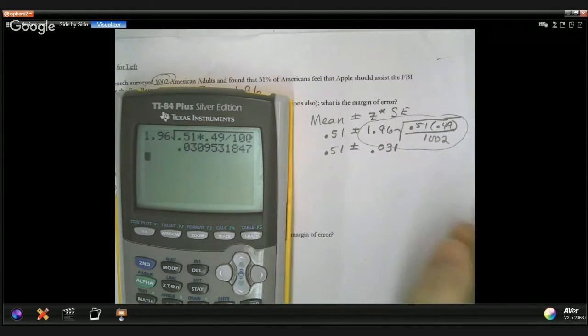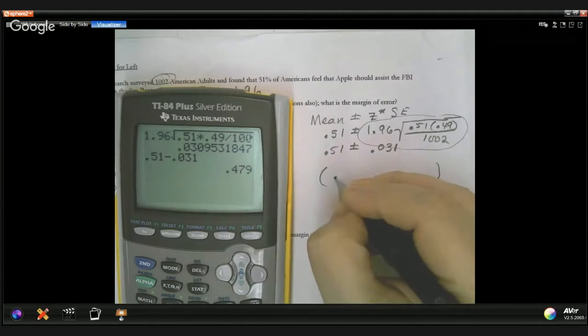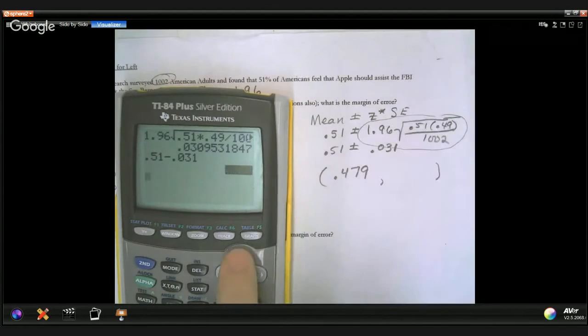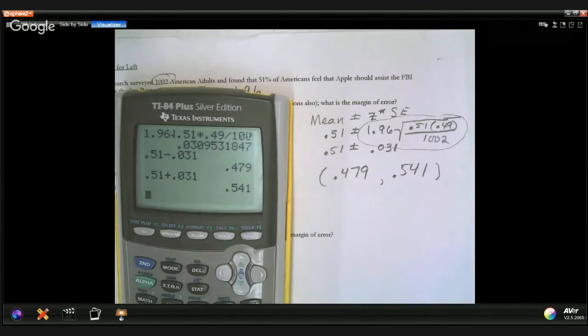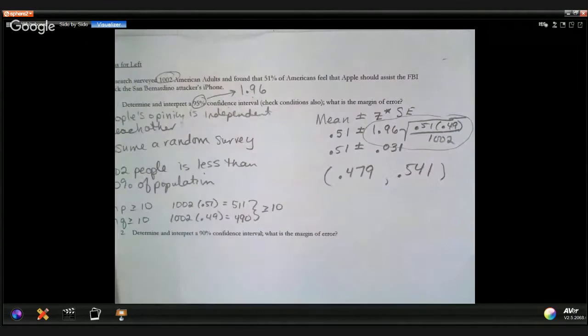So now I'm going to actually do that. I like to start with the minus because I'm always supposed to have the smaller number first. So I'm going to do 0.51 minus 0.031. So I get 0.479. And then I'm going to go up here and change it to plus. So I get 0.541. Okay. And so there's my confidence interval.